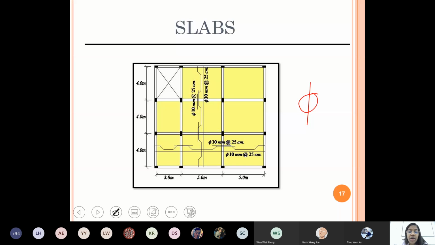If they put it, it is called a diameter, the short form of diameter. So 10 mm dia at 25 centimeter spacing, and this side also they have 10 mm at 25 centimeter spacing. So in both directions they have the same spacing and same diameter.